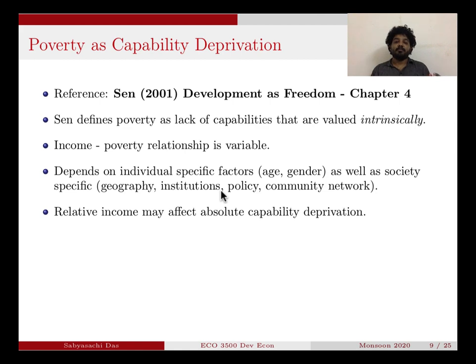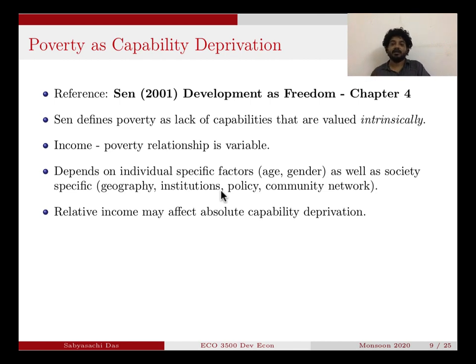Because the capacity with which greater income can be translated into escape from unfreedom of various kinds and attainability of various capabilities is very variable. For example, he points out that this relationship depends on individual-specific factors such as age or gender. Remember our discussion previously about gender disparity.